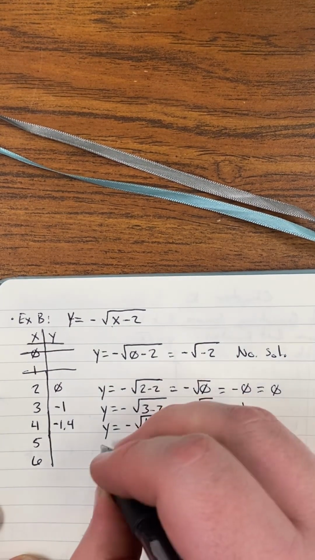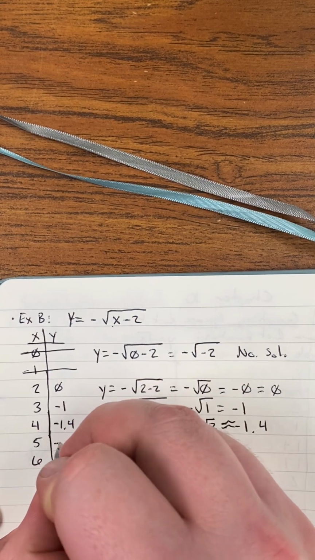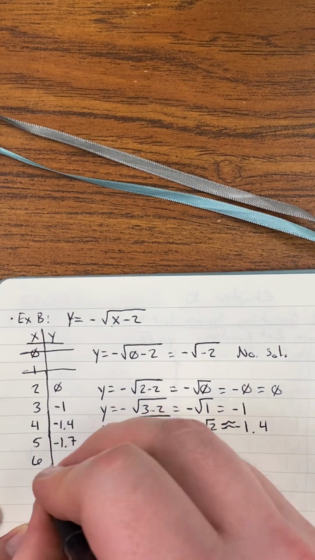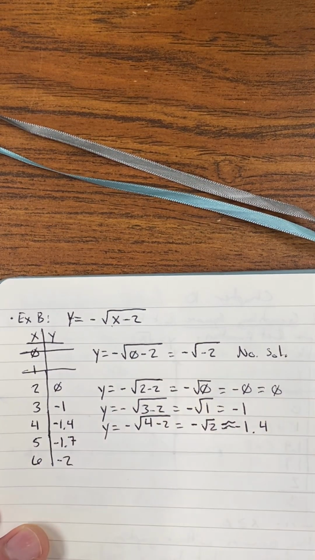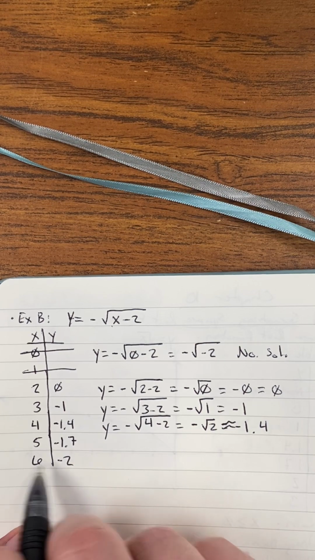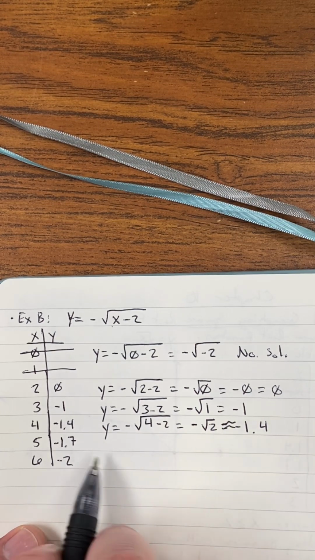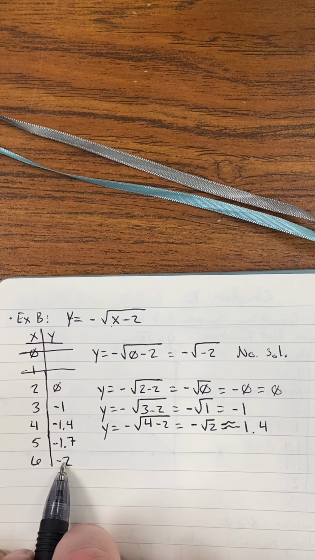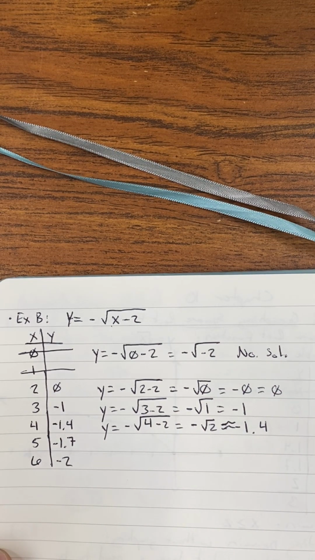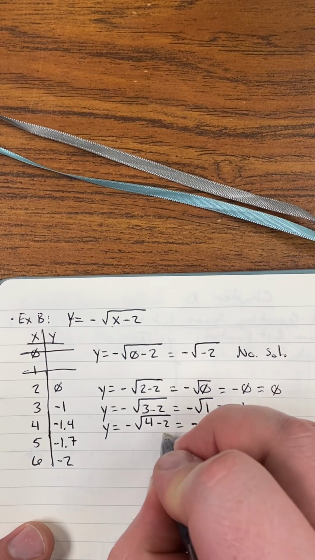Okay? And I'm just going to fill these in. You'll just have to trust me that these are the answers you get when you solve them, just to save some time. Okay, we get this because when we plug in 6, we get 4, and the square root of 4 is 2. We throw the negative on it at the end. Okay? All right, let's go ahead and graph this.